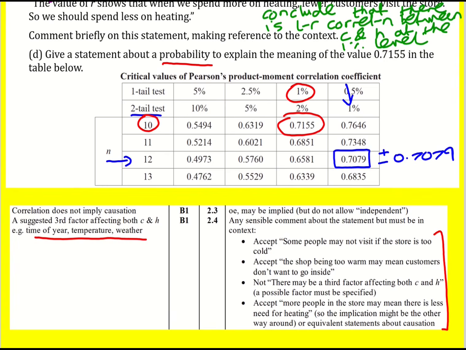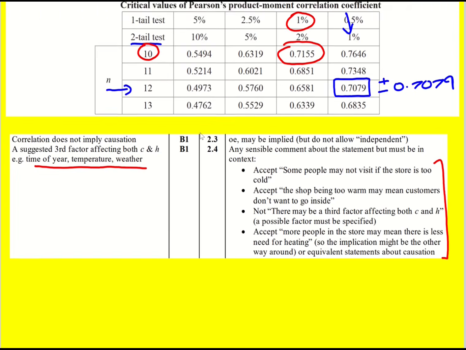I said there is then a 1% chance of not having correlation in the population if the product moment correlation coefficient is lower than minus 0.7155. So remember, we would reject H0 if we got a lower correlation coefficient, but it's not guaranteed, because this is at the 1% level, there's still some doubt. So that's what it kind of wanted us to refer to.